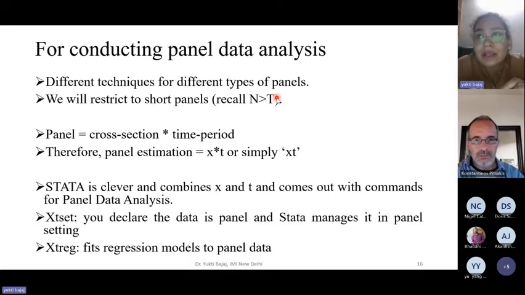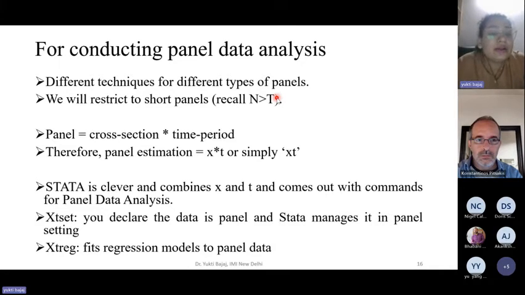For example, in the patients example I took previously on a slide, I had 10 patients and only 3 months of data. So my N was the 10 patients. My T was 3 months, where I took weight. So that was a short panel where N was greater than T. We'll restrict to short panels and their techniques for today's session.